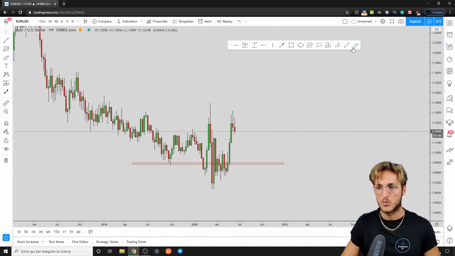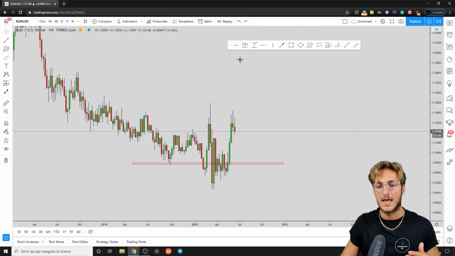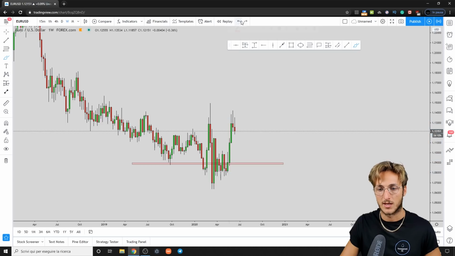On the weekly time frame, we clearly have a market that has created this overextended W formation. One of the reasons for which we wanted to see this retracement is because we had an overextended W formation. And after an impulse in the market, because clearly this is a strong impulse in the market, if we want to measure the retracement from that impulse, what are you supposed to be doing?